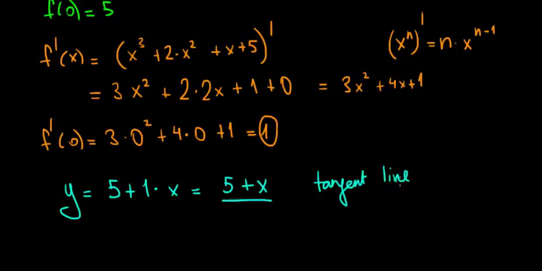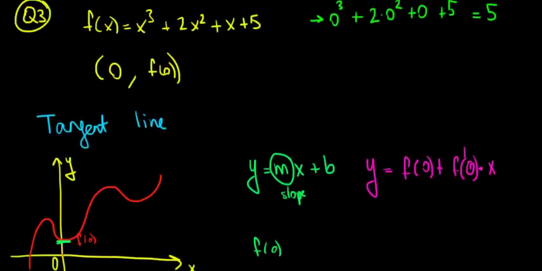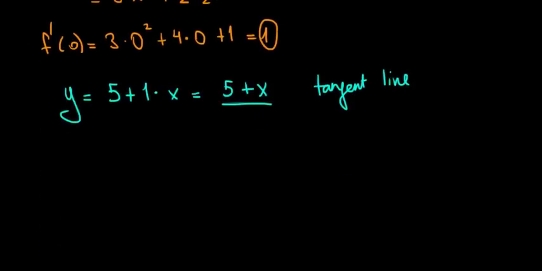And the question is asking at which x values this tangent line stays on our function or touches our function. If it touches our function, it means they'll have the same values. It means that they have to be equal. So we will make f of x equal to the tangent line, which means x cubed plus 2x squared plus x plus 5 equals 5 plus x.